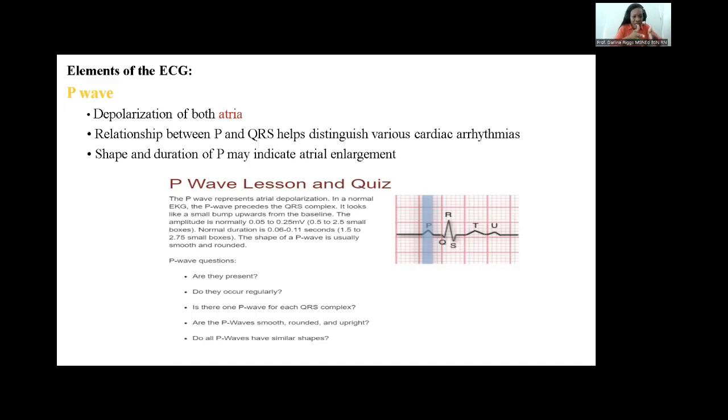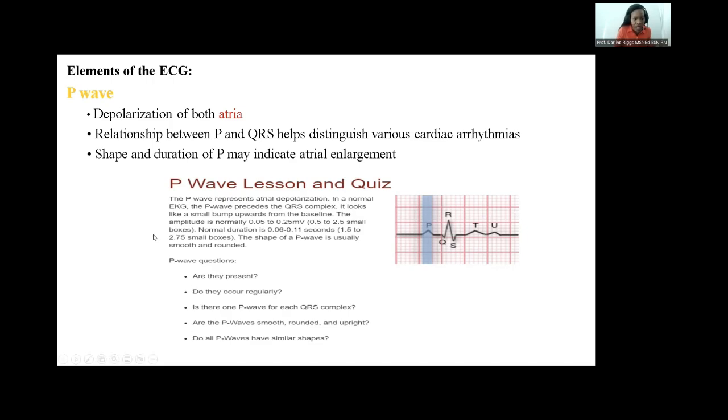The longest time you want a P wave to take is 3 little boxes, which would be 0.12 seconds. Some books may say 0.1. This varies a little from book to book or source, but memorize 1 to 3 little boxes for a P wave.